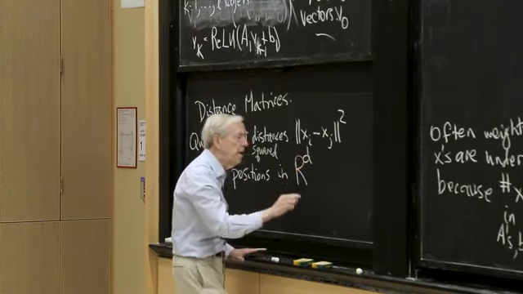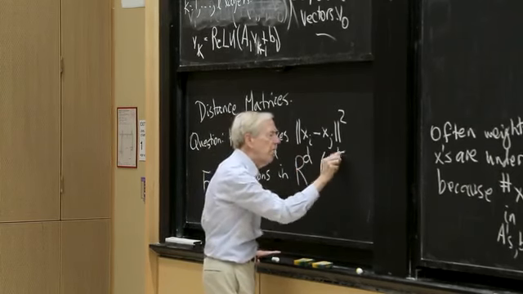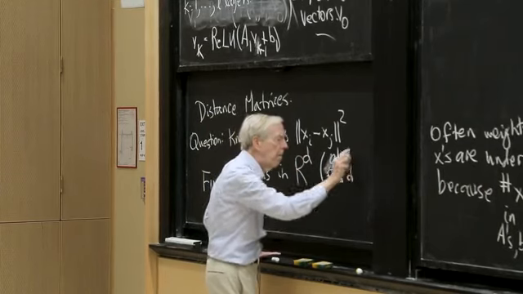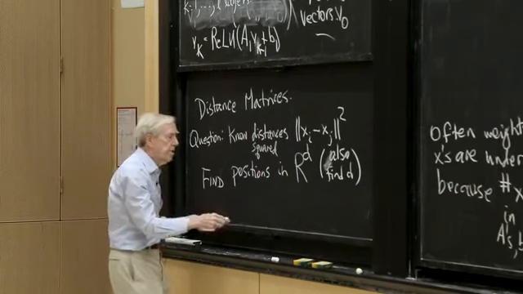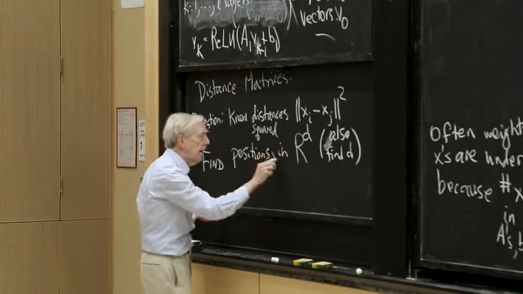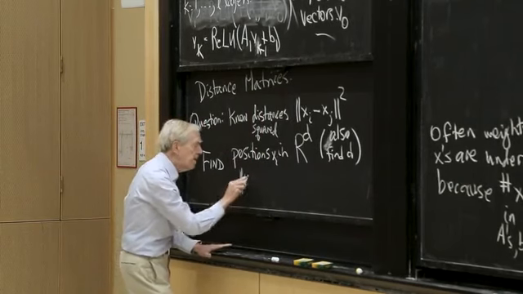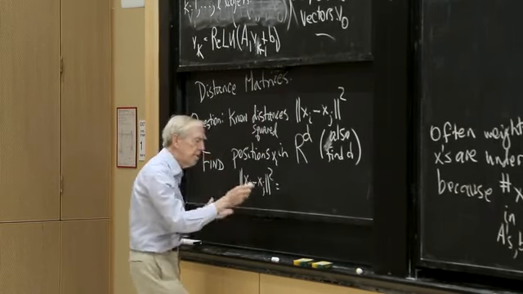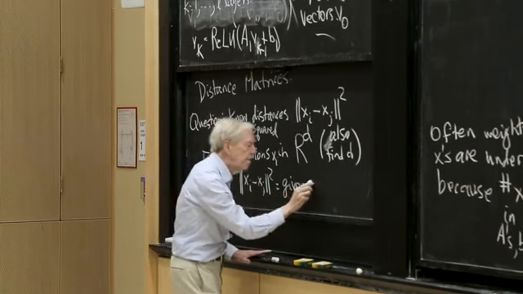I'll just put D. And we're also finding D. And what are these positions? These are positions xi, so that the distance between xi minus xj squared is the given dij.